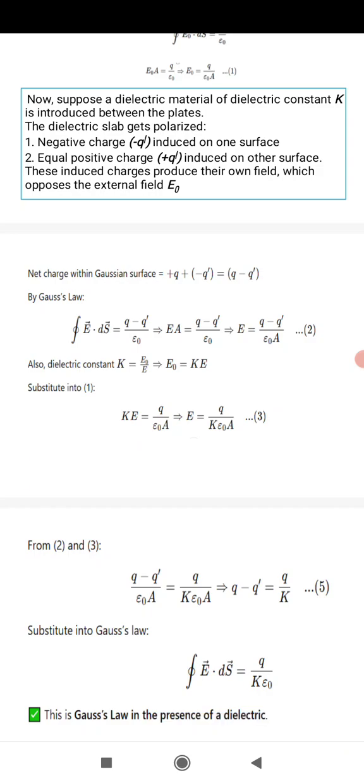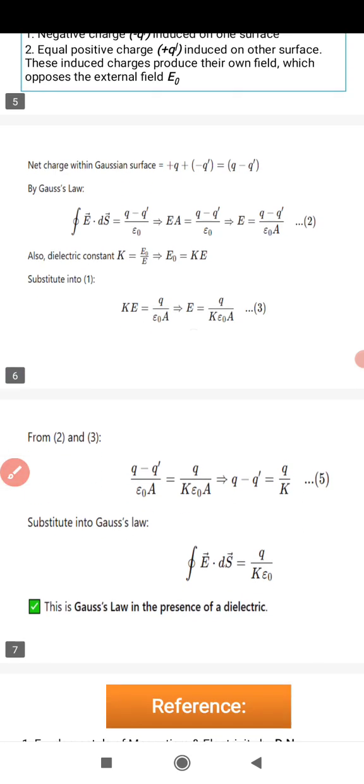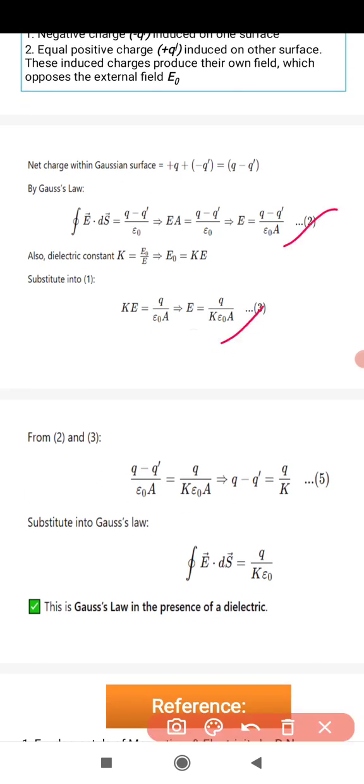Equating equations 2 and 3, both left hand sides are E. Then equating the right hand sides, we get Q minus Q dash divided by epsilon naught into A equals Q divided by K into epsilon naught into A. The denominator term epsilon naught into A gets cancelled.